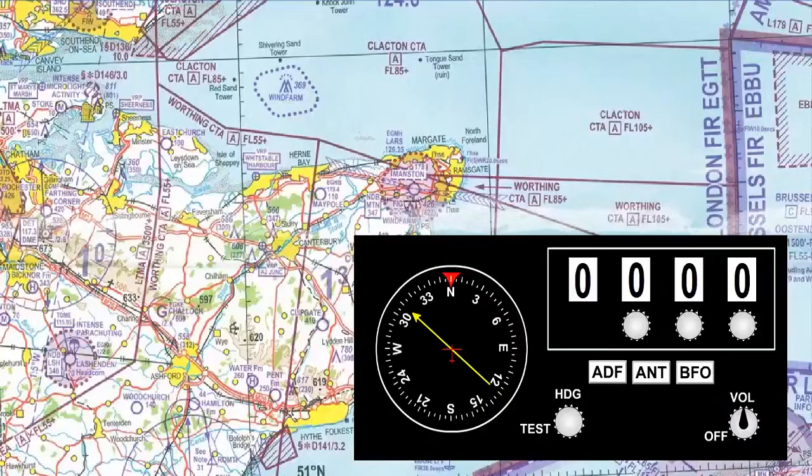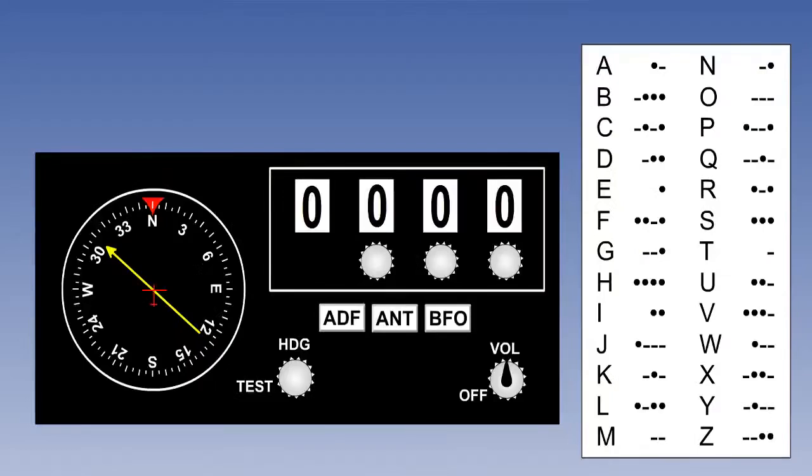But if you are selecting the NDB manually, you select the ADF button and enter the frequency. You must then check that you have selected the correct NDB by listening to the Morse identifier. Aviation charts contain the Morse alphabet.